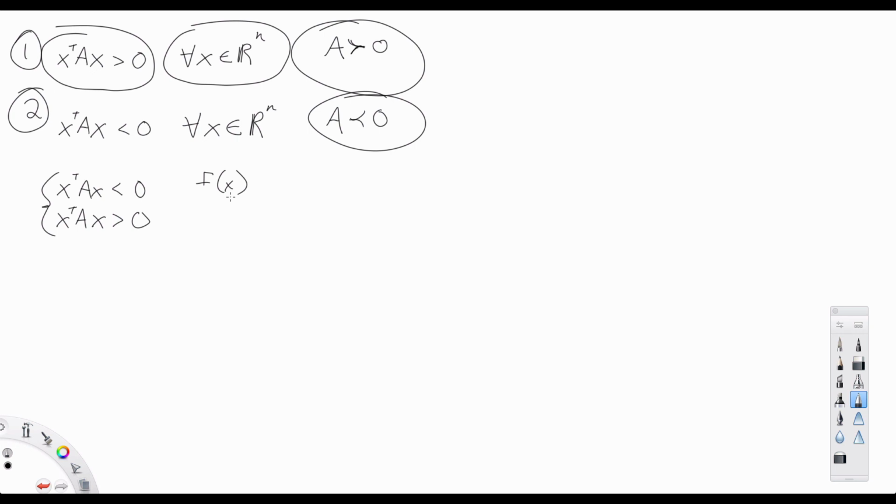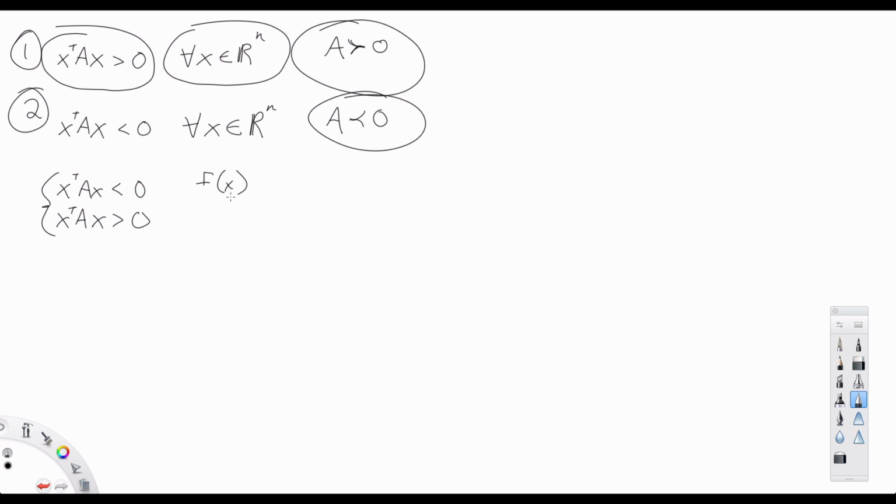So that's where the term saddle point comes from. And if we look at the level sets of such a function, a quadratic function where the underlying matrix is indefinite, the level sets of f of x are going to be hyperbolae, not ellipses.